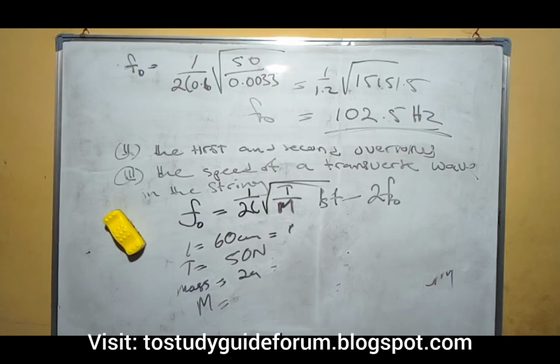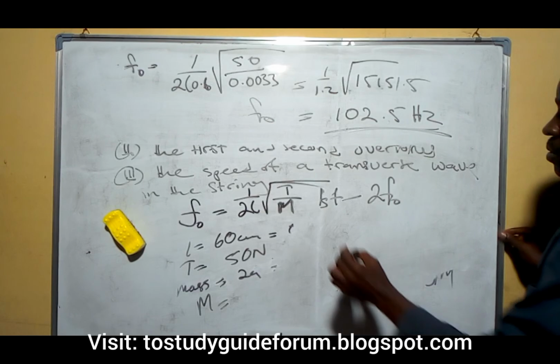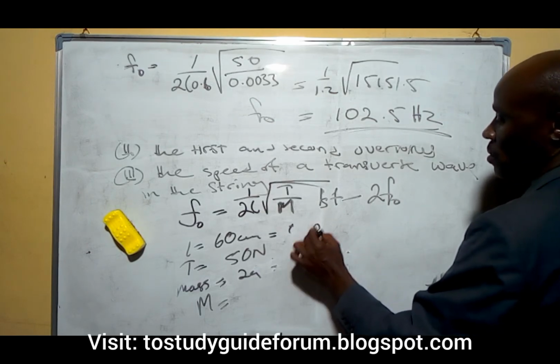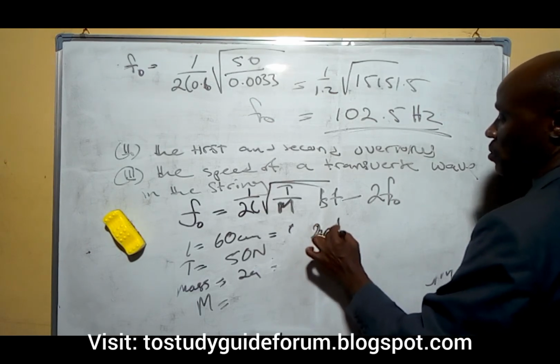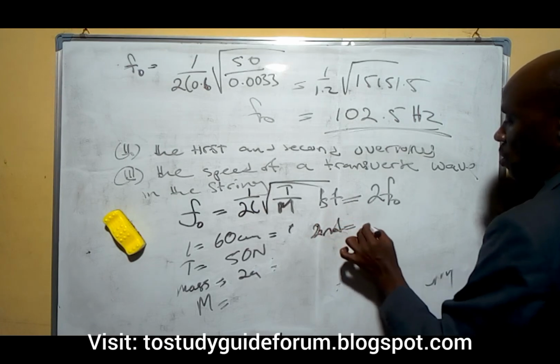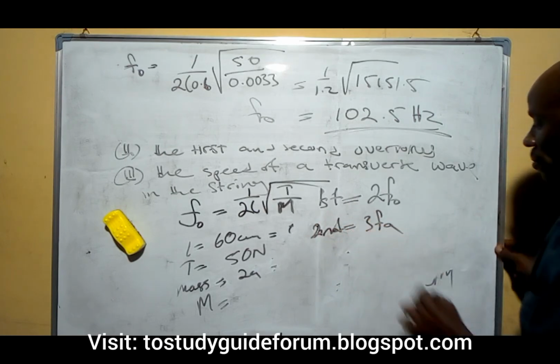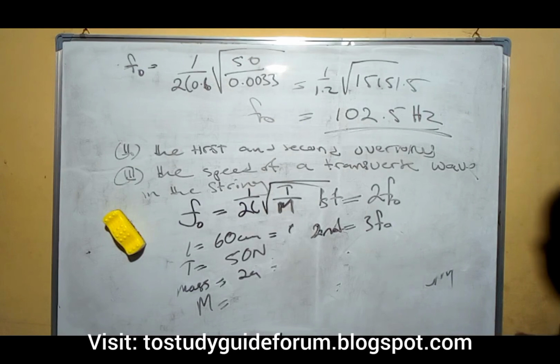So the first overtone is 2 times the fundamental frequency, while the second overtone is equal to 3 times the fundamental frequency. So what we do here is that we multiply.